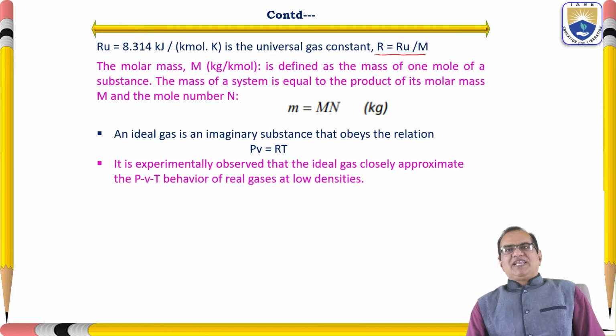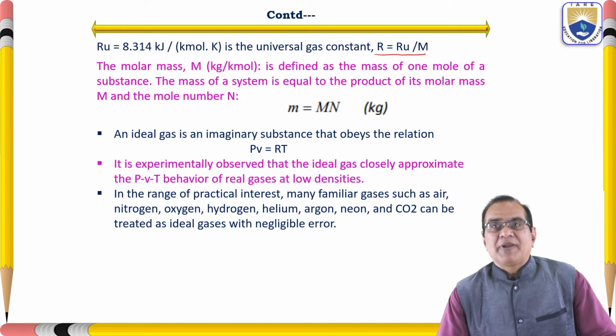It is experimentally observed that the ideal gas closely approximates the PVT behavior of real gases at low densities.